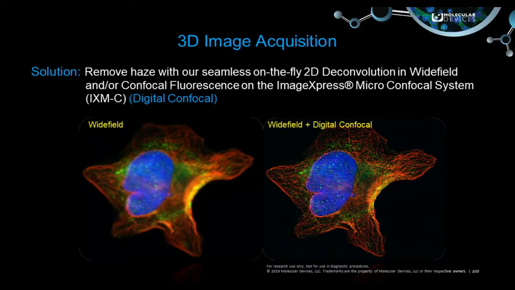We have 2 solutions with Molecular Devices to tackle this. If you have a wide field system, you have an on-the-fly 2D deconvolution that allows haze cleanup. You can do this 2D deconvolution or digital confocal in both wide field and confocal.